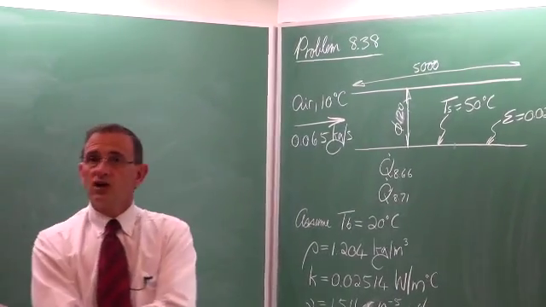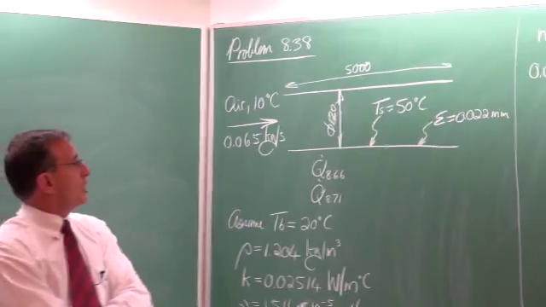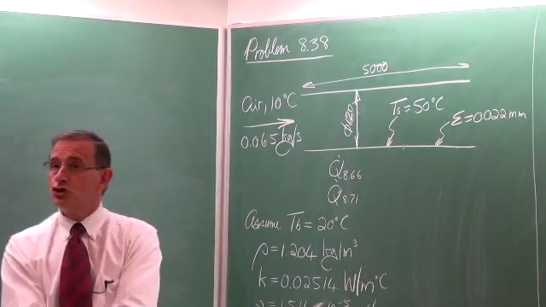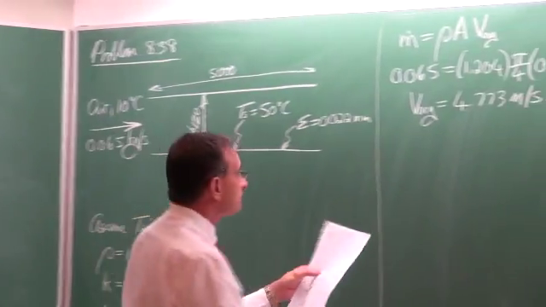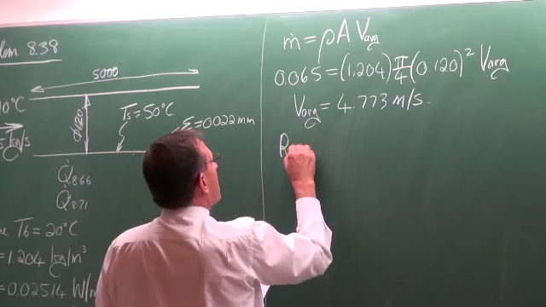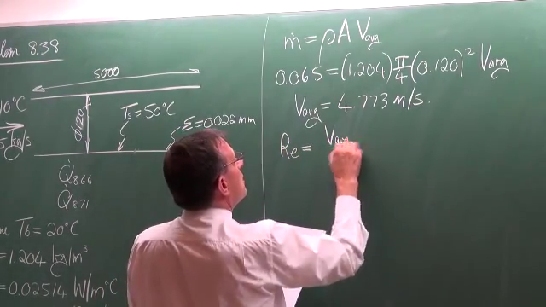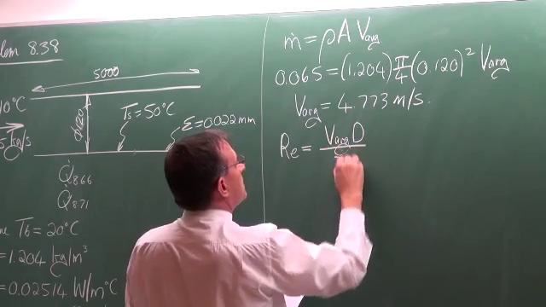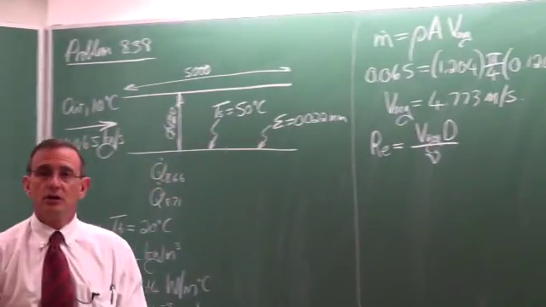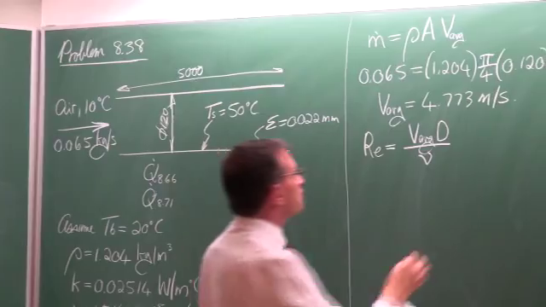Okay, let's calculate the Reynolds number, because we want to know if the flow is laminar or turbulent. The Reynolds number is equal to the average velocity multiplied by the diameter divided by the kinematic viscosity.